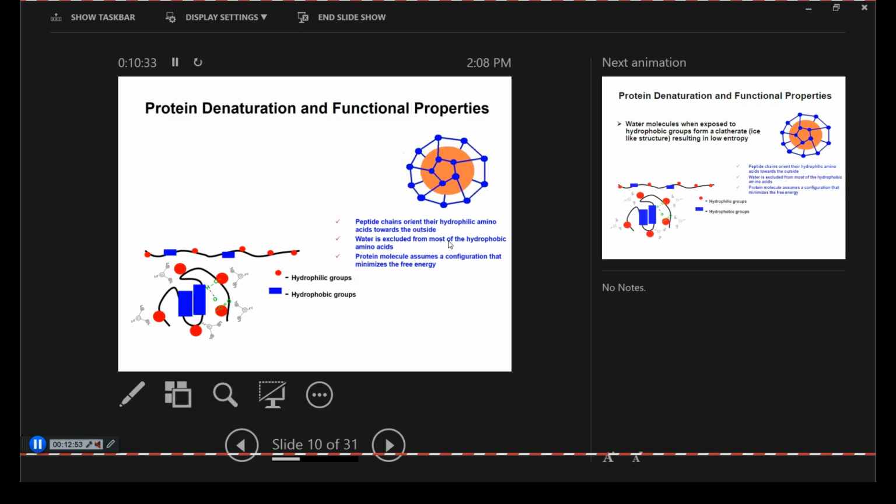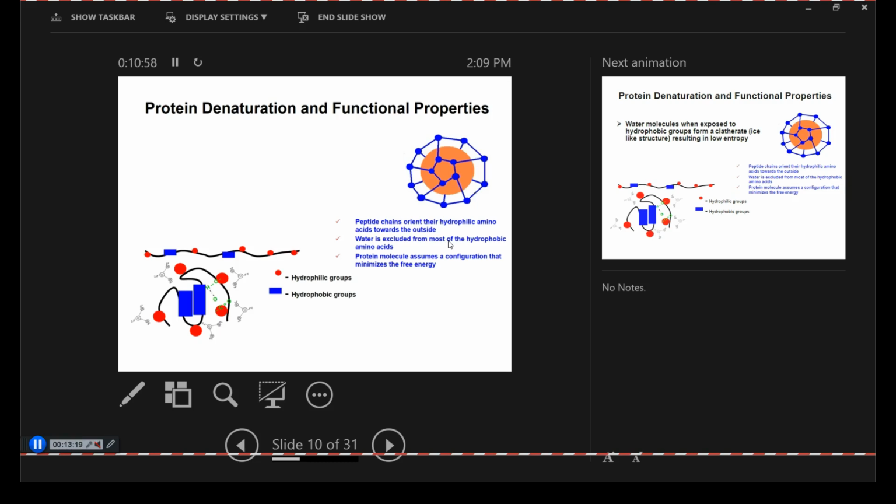So back to the role of water and denaturation in this case. What happens here is when you have protein, usually in an aqueous medium, the peptide chains orient their hydrophilic amino acids towards the outside and hydrophobic towards the inside.